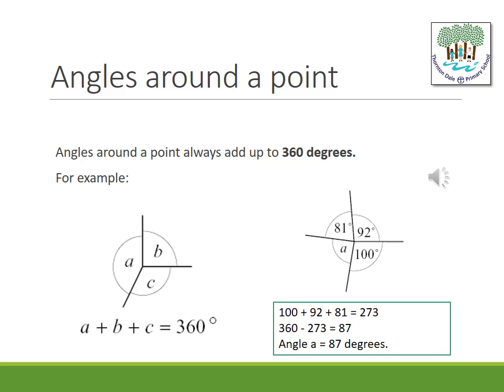We know that all 4 of those angles must add up to 360. So if we know 3 of them, 100 add 92 add 81, that makes 273 degrees. But we know that all the way around, including A, should be 360 degrees, so we can find the difference by taking 273 away from 360. That equals 87 degrees.